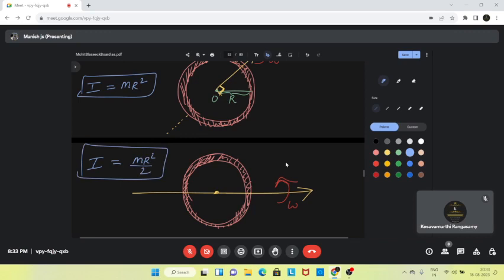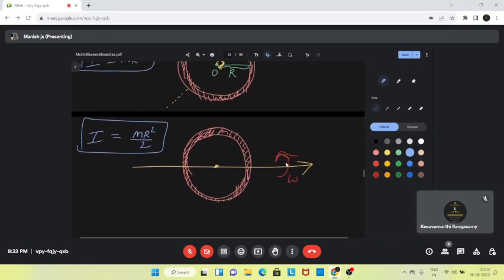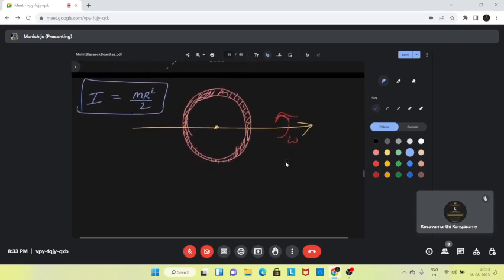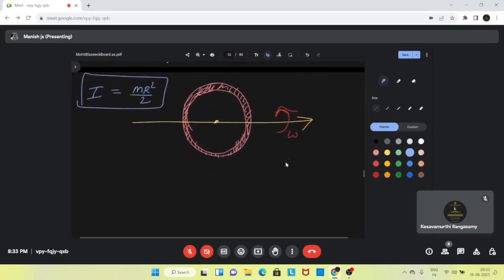So like this, for various figures, we have the particular values for moment of inertia. This is one more possibility. The last possibility is for the ring when the axis of rotation is at the end of the ring, or you can say it is tangential to the ring. So say I am taking the axis and placing it as a tangent.